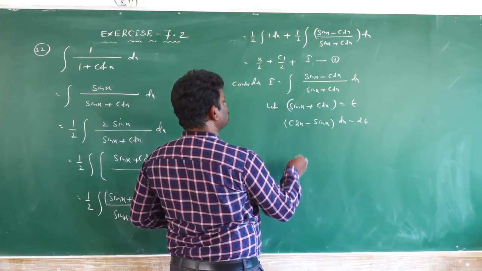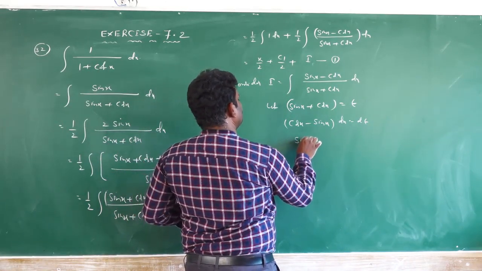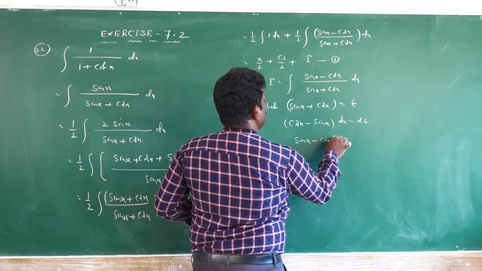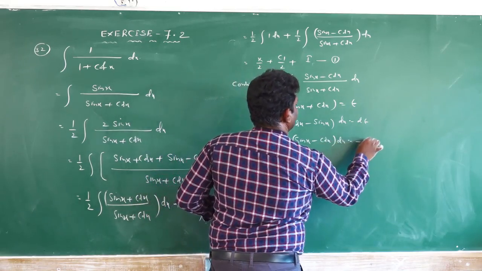If we take minus common, then sin x minus cos x dx is equal to minus dt.